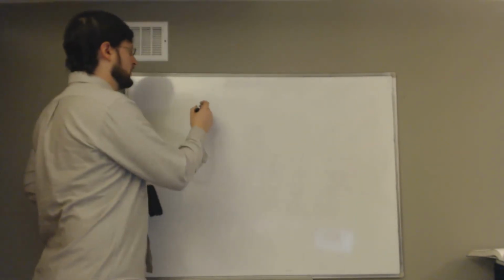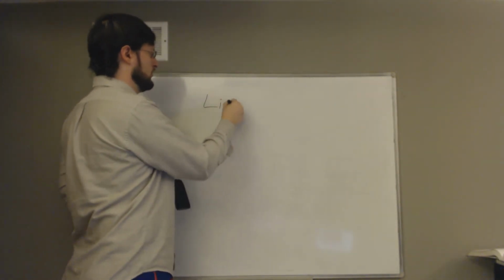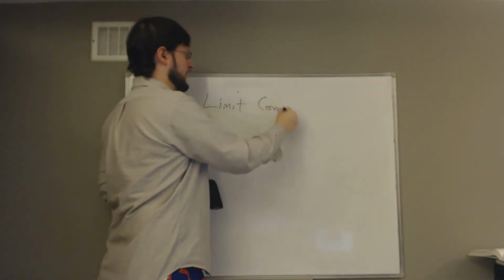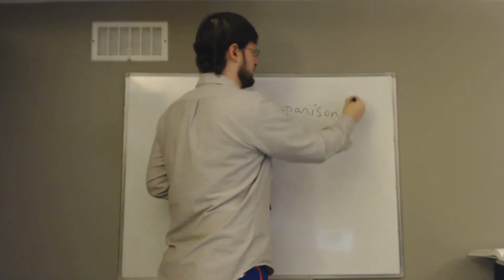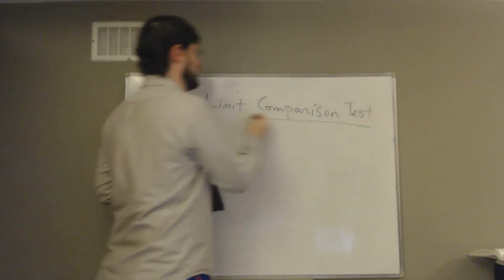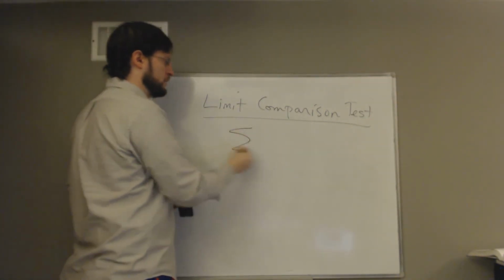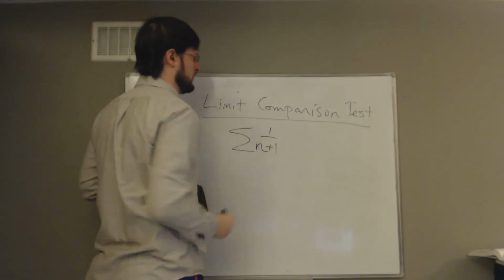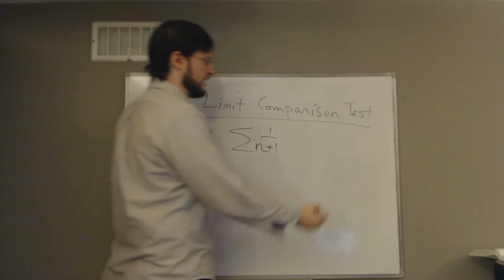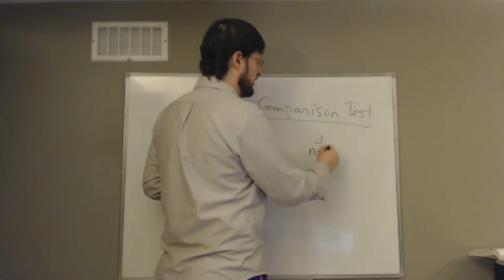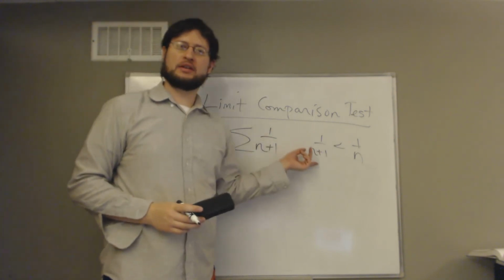Now, remember that we have a couple of things that end up being a little bit trickier. If I can't compare exactly the way that I want, we have to use what's called the limit comparison test. So for instance, if I were looking at the series sum of 1 over n plus 1, the problem is that 1 over n plus 1 is actually less than 1 over n because I have a bigger denominator.